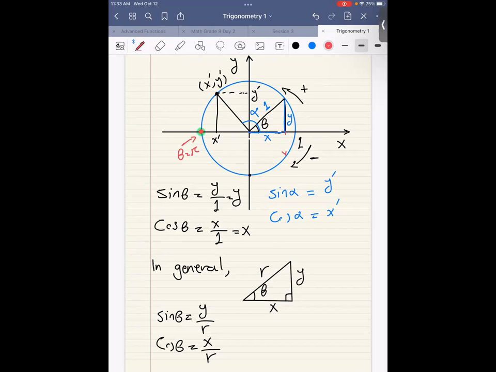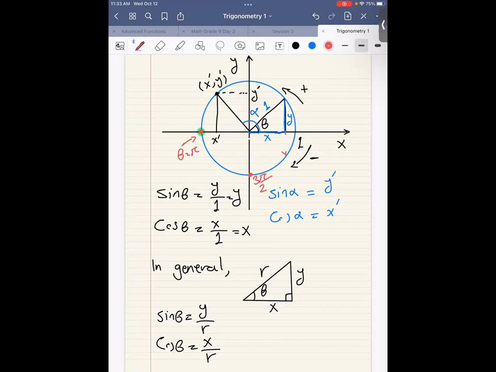Now how about the point 3 pi half? 3 pi half is this point. What is the value of y? It's -1.